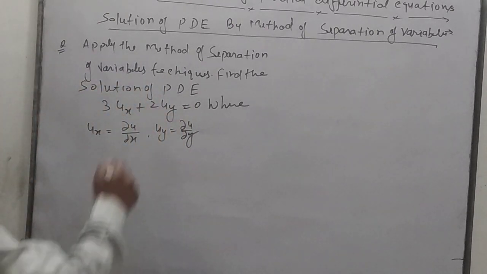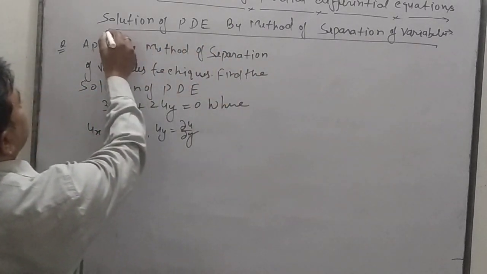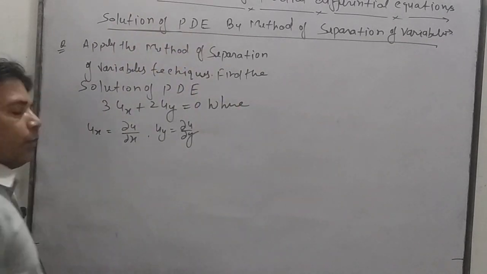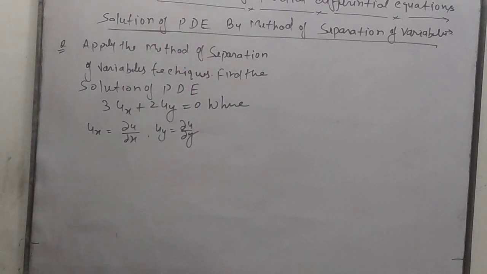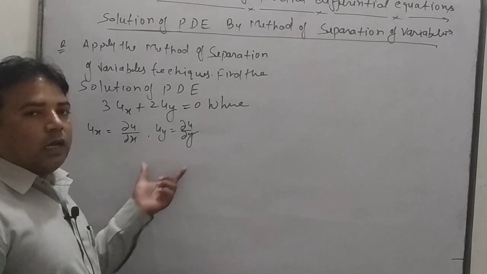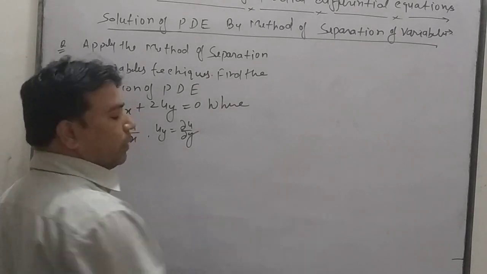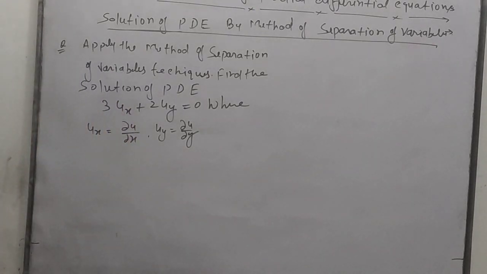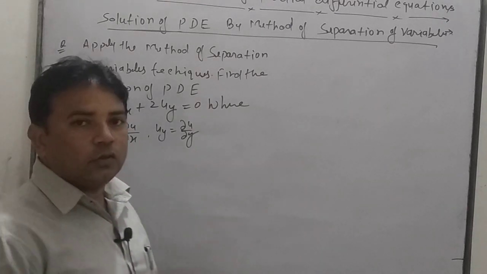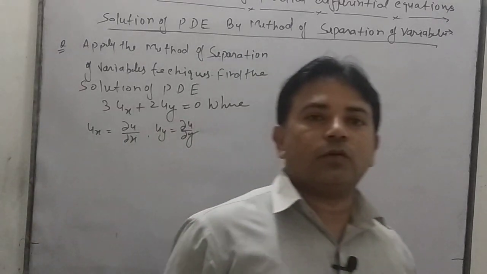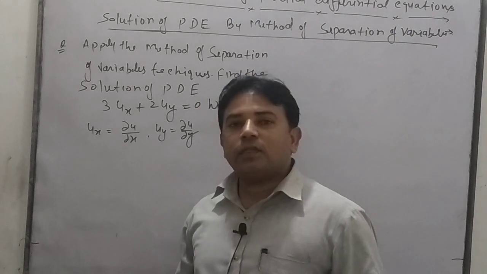First method, solution of partial differential equations by the variable separation method. We understand this method better through some important examples. In the previous classes you solved ordinary differential equations by variable separation.